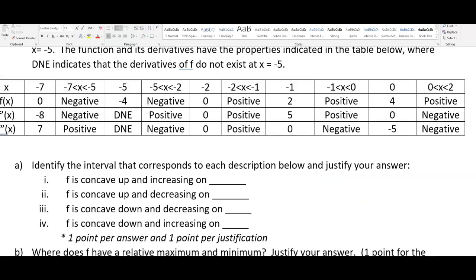So here's what I want you guys to know. Unlike the derivative where you look for where it doesn't exist and where it's 0, with our second derivative, let's just look for the places where it equals 0 only. Okay? So we have one here and we have one here. Now if I look to the left of that, that's negative, and if I look to the right, it's positive. So that is a point of inflection.